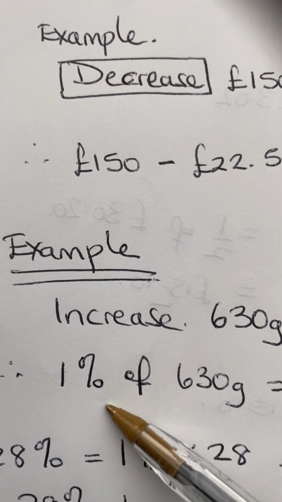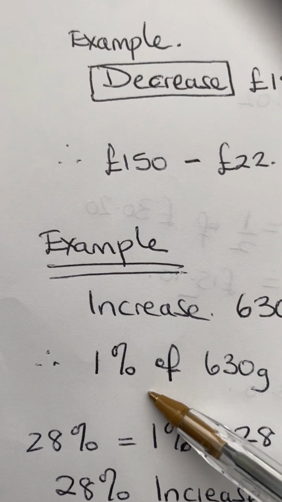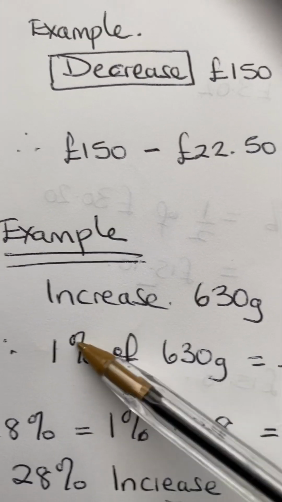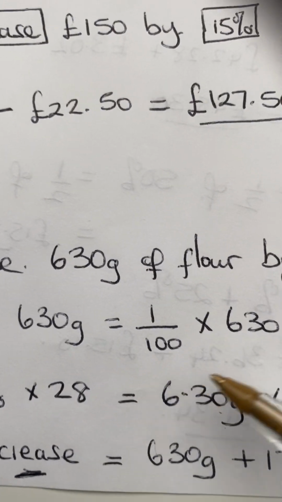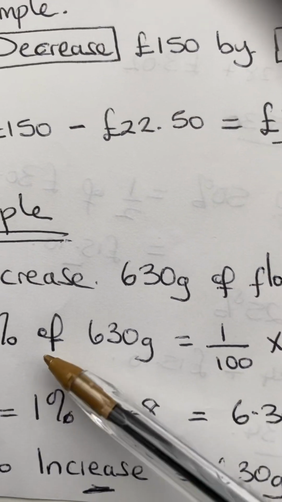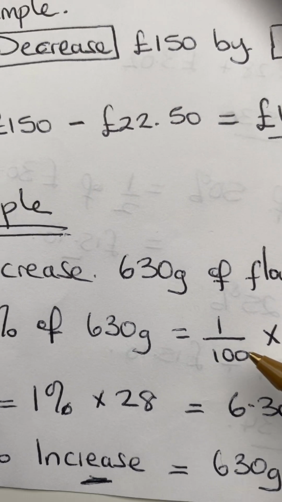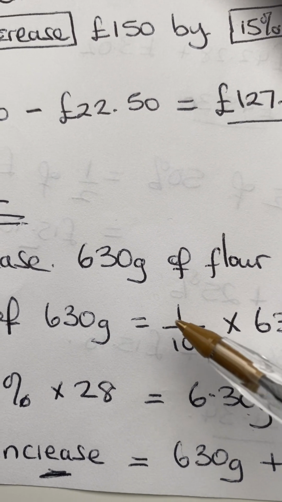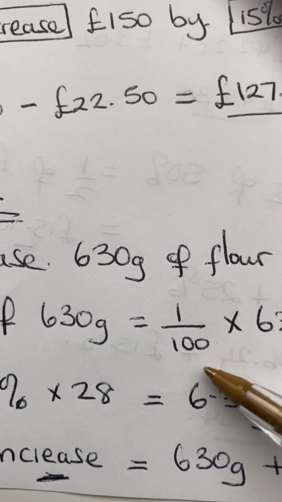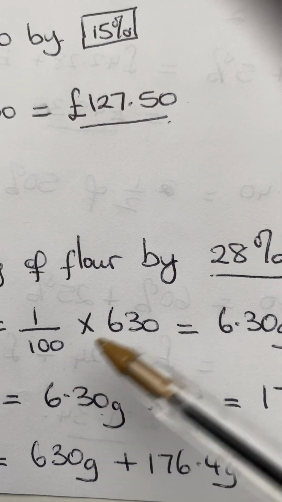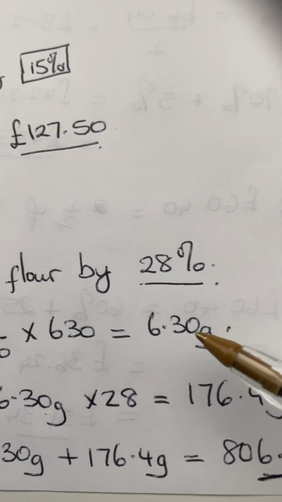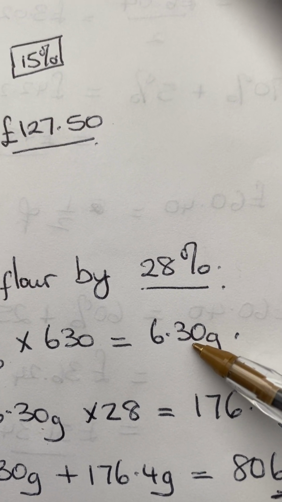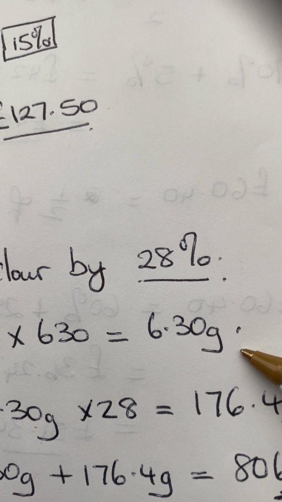First of all, another method is you can find 1% of this value, which is easy to do. So 1% here is 0.01 or 1 over 100 times 630 grams of flour, which will give you 6.30 grams.